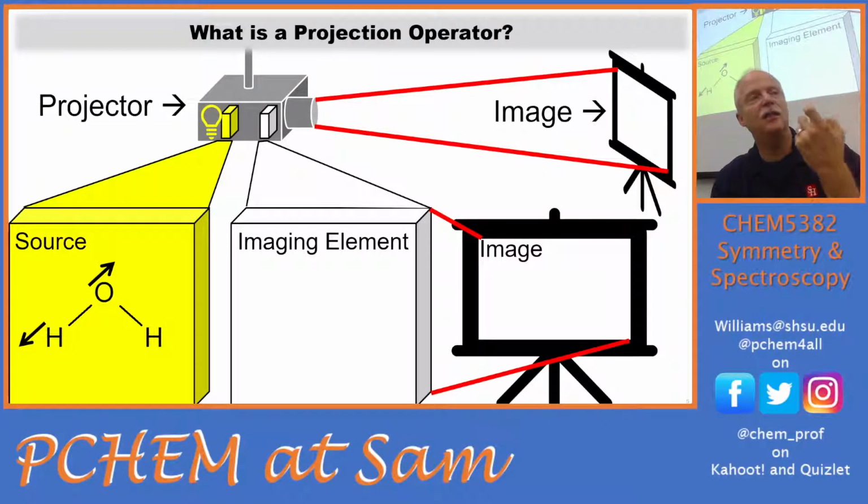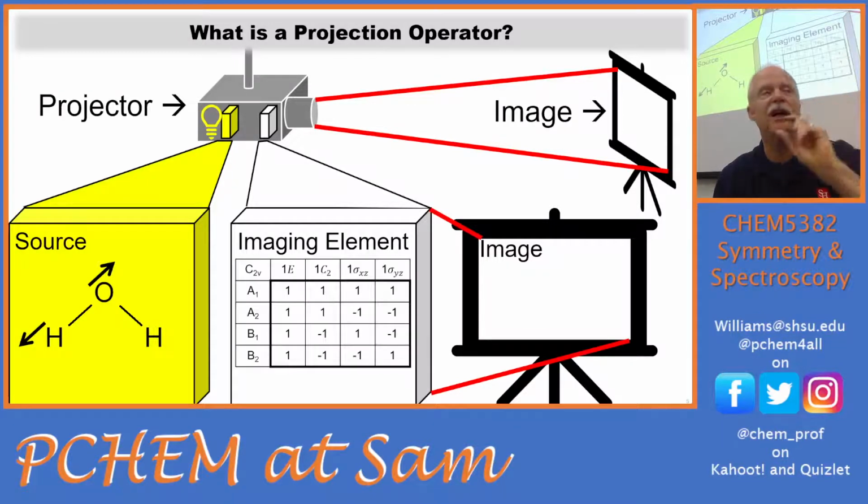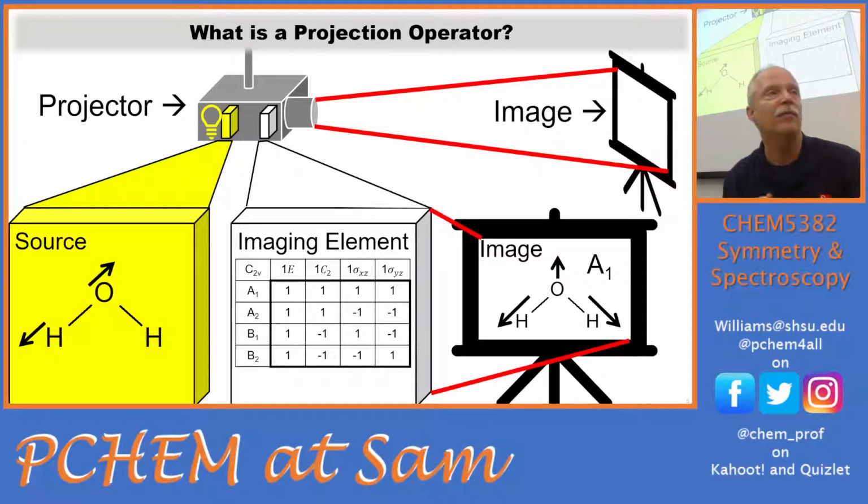So we're going to take this OH stretch, just one of them. Just pick a bond, and we're going to say, if that bond stretches, let's run that through this imaging element, which is known as the character table. So the character table is our imaging element. And it will take the source, this OH vibration, and turn it into this arrow diagram.